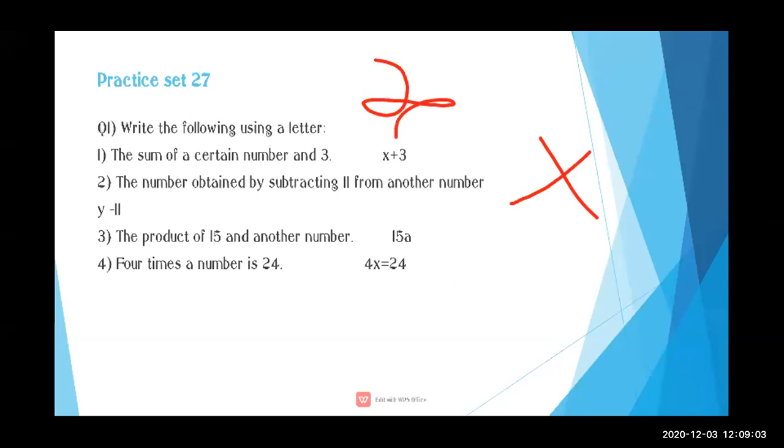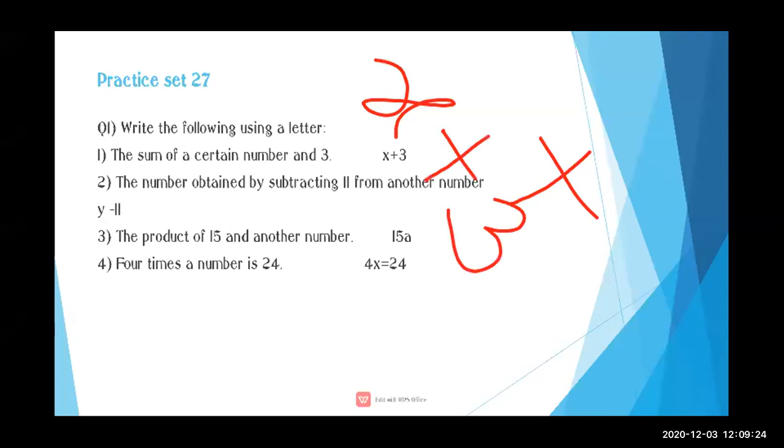Certain number, another number, all these numbers we are going to assume as x, y, or whatever letters you can take. So here the sum of a certain number and 3, that means a certain number is x and 3 means plus 3.